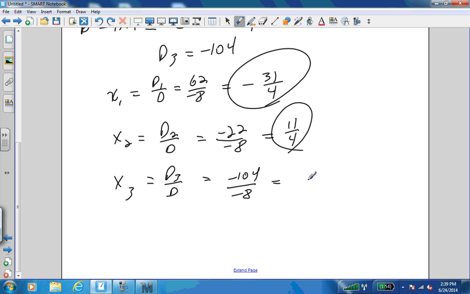Negative over negative makes a positive. 4 goes into 8 twice. 4 goes into 10 twice, with 2 left over, 4 goes into 24 6 times. And I believe that's 13. Let's see, 8 goes into 10 once, with 2 left over, 8 goes into 24 3 times. So yeah. So x1, x2, and x3.